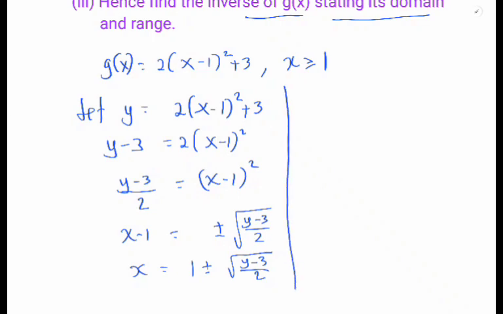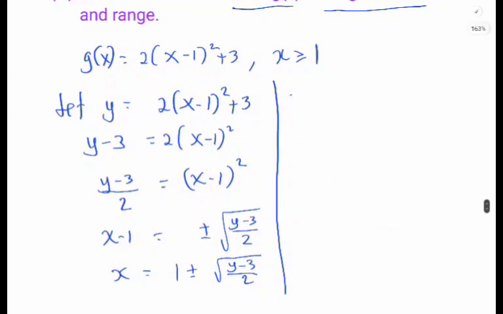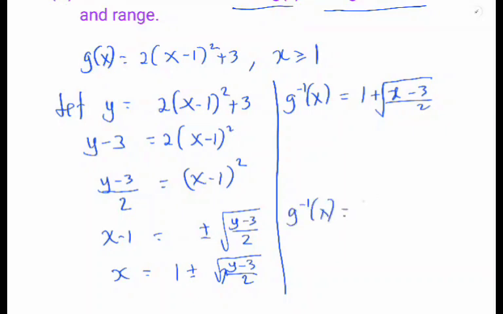So here we have two possibilities. So let's put it here as g inverse of x equals 1 plus the square root of (x minus 3) over 2. All the y values we change to x values here. This we have done in the topic function. Another possibility is g inverse of x equals 1 minus the square root of (x minus 3) over 2.